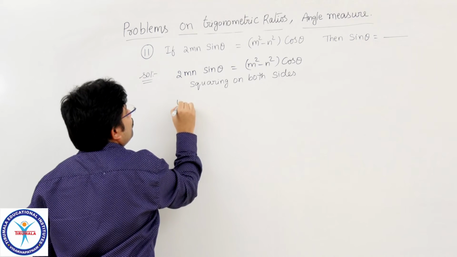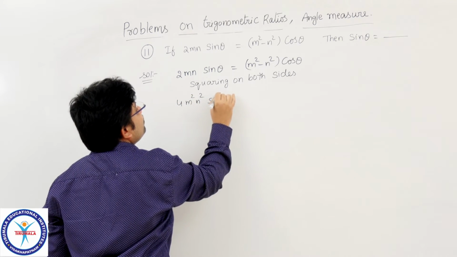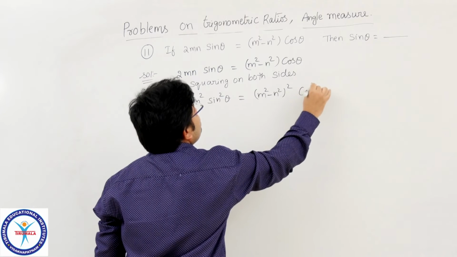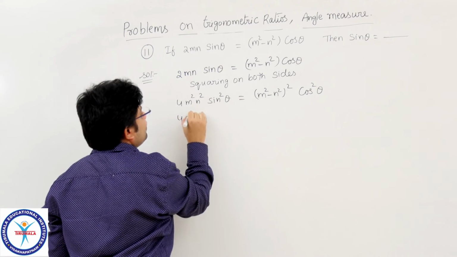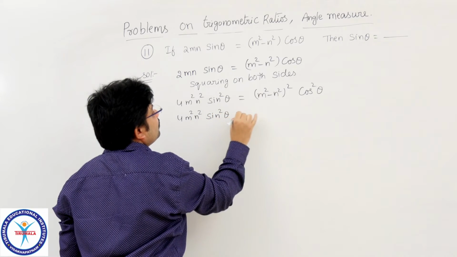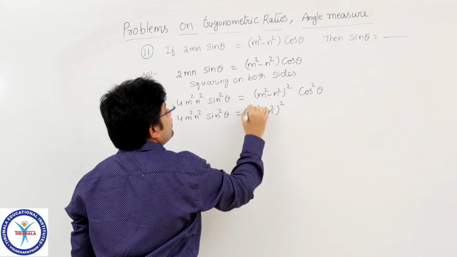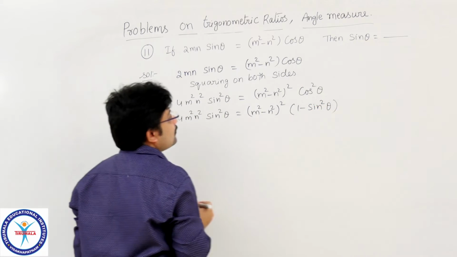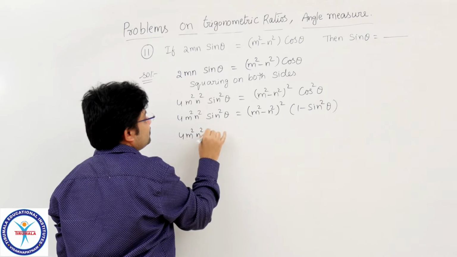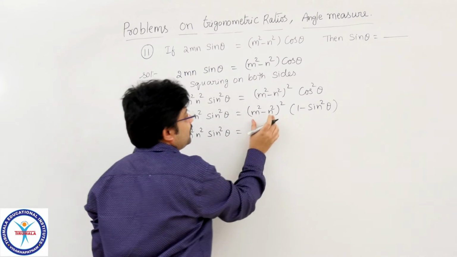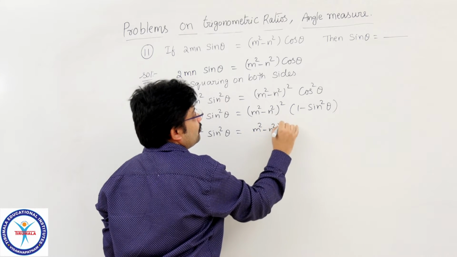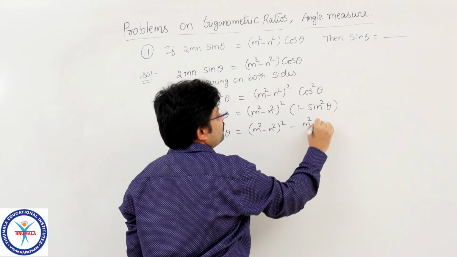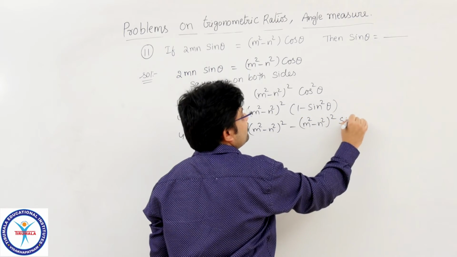Then it becomes 4m²n² sin²θ is equal to (m² − n²)² cos²θ. Cos²θ can be written as 1 − sin²θ. Now, 4m²n² sin²θ is equal to, multiplying this, (m² − n²)² into 1, that is (m² − n²)² minus (m² − n²)² sin²θ.